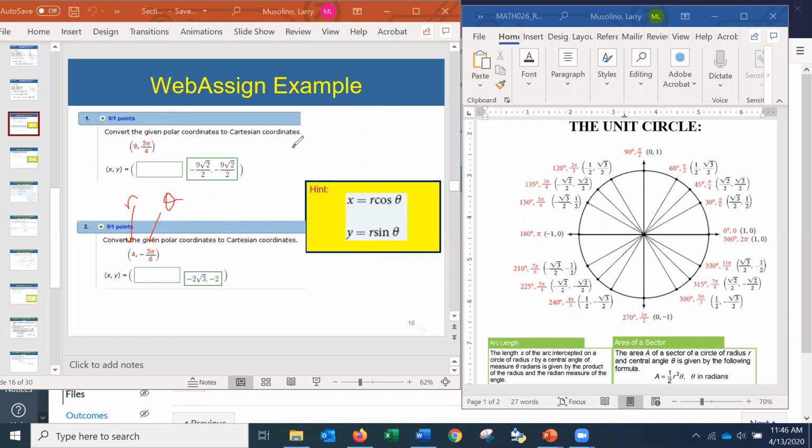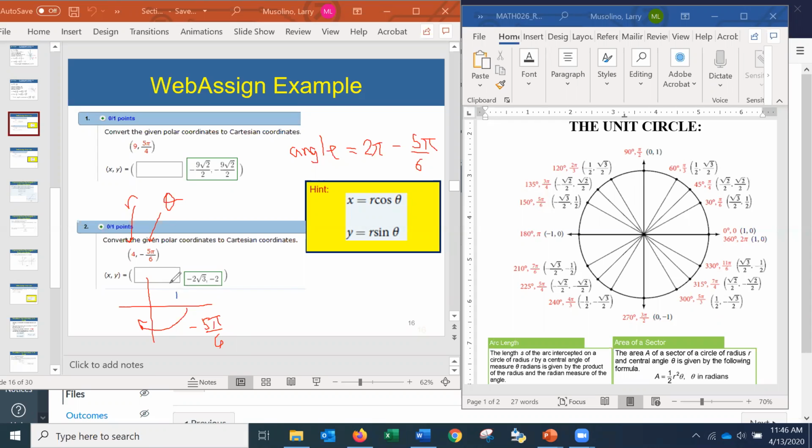Well, the angle we want is going to be 2 pi minus 5 pi over 6. Again, because if you think about it, the angle they're giving us is negative, right? So this is negative 5 pi over 6. But we'd like to know the positive rotation to get to that same angle.